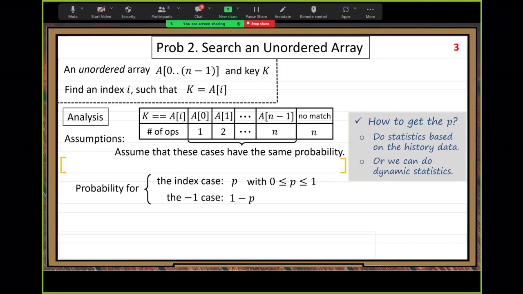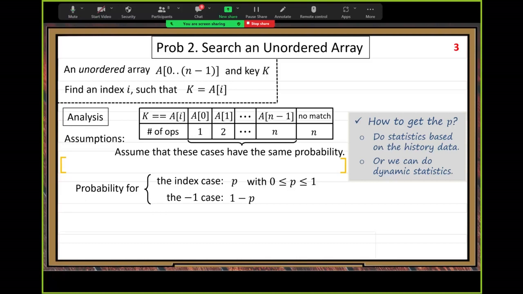So if you have dynamic data, you just do the statistics dynamically and use them to do the prediction.